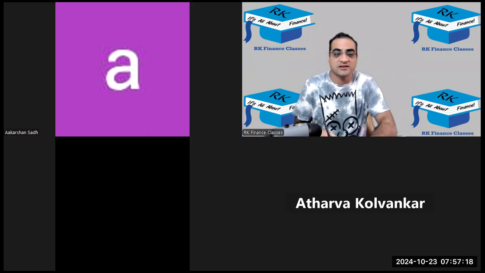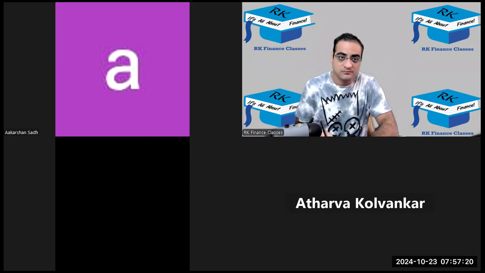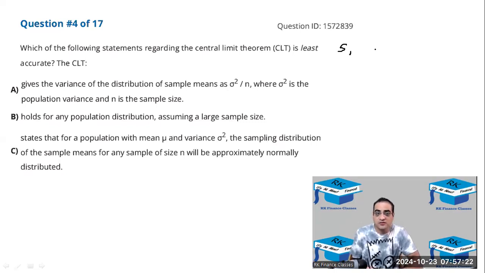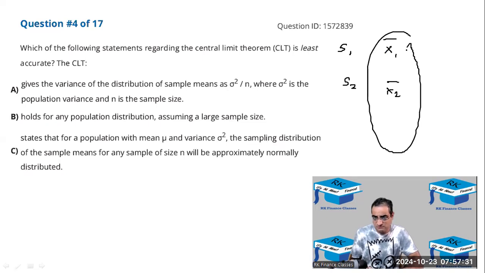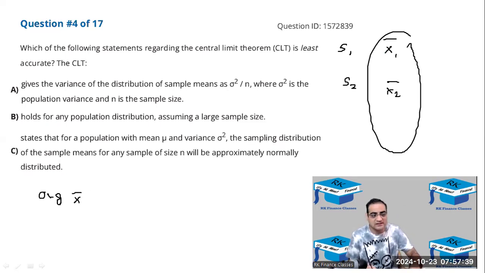For sample 1 you calculated its mean, for sample 2 you calculated its mean, and so on. The average of all these means, that is the average of all sample means, is equal to the population mean.